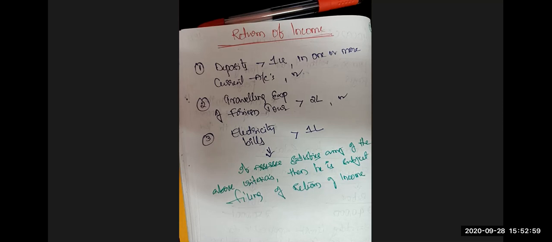TDS and TCS, the most important points we have covered already, the important sections. Under section 194A, when it comes to interest payments, the limit increases to 40,000 rupees, 50,000 rupees.